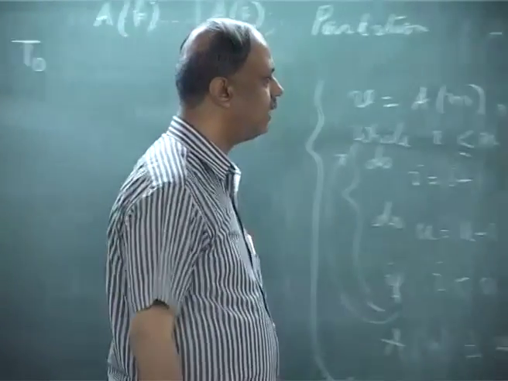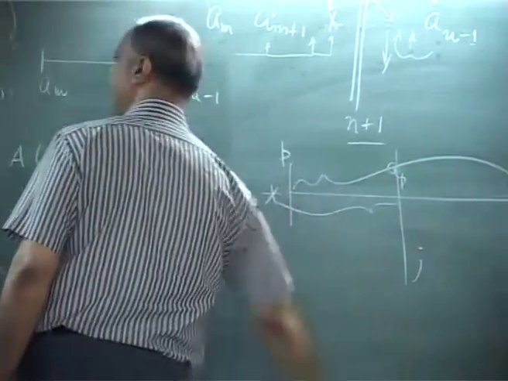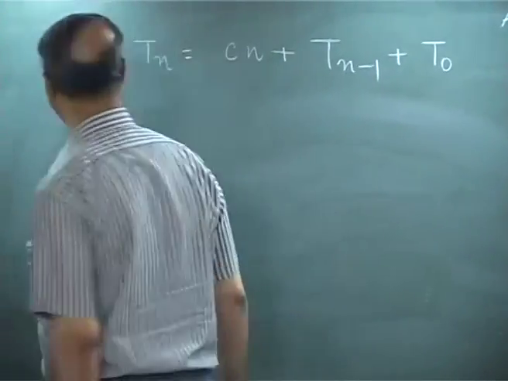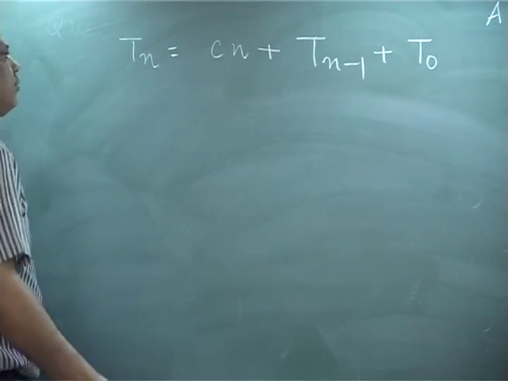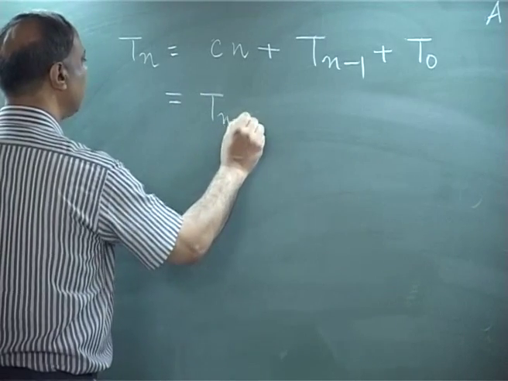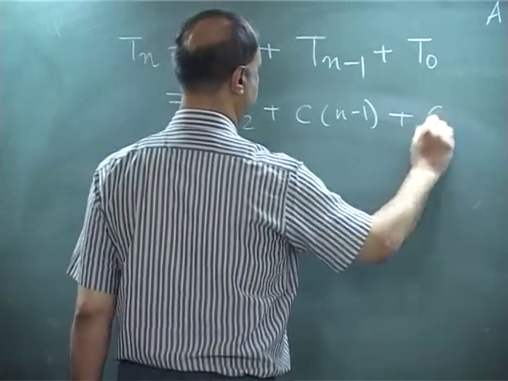This side, no element; this side you have n minus 1 elements. So you have Cn plus T(n minus 1) plus T(0). T(0) is 0. So next time you get T(n minus 2) plus C(n minus 1) plus Cn.